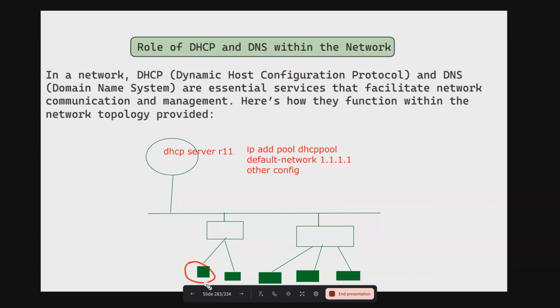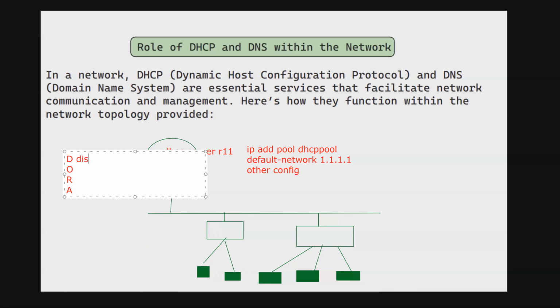So the NIC card will try to get the IP from the server, and the process is called DORA: discover packet, then the server will offer something, then the server will release that IP, and it gets assigned to the interface. Discover, offer, release, and assign. This is the process by which they get the IP addresses.